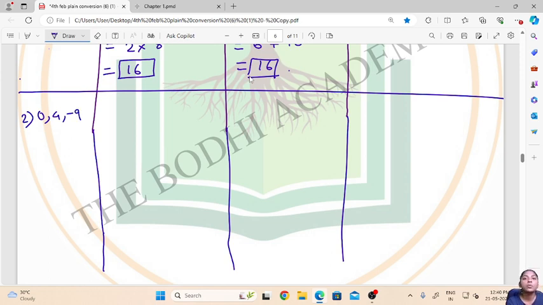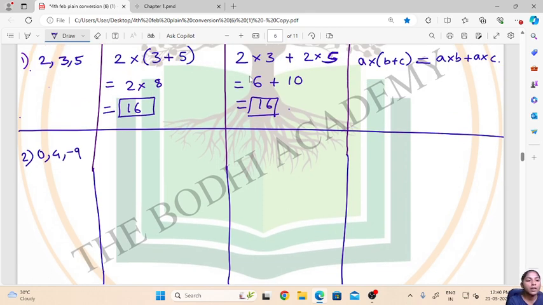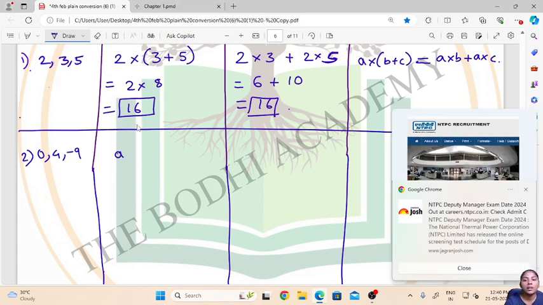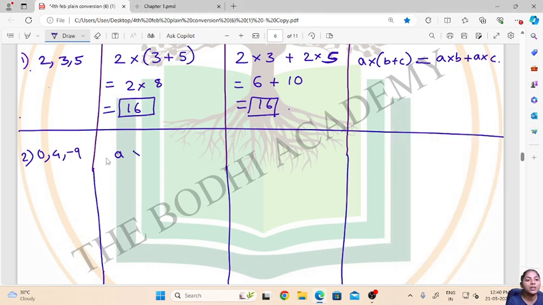First we will put them in the two expressions: a into (b plus c), and a into b plus a into c.